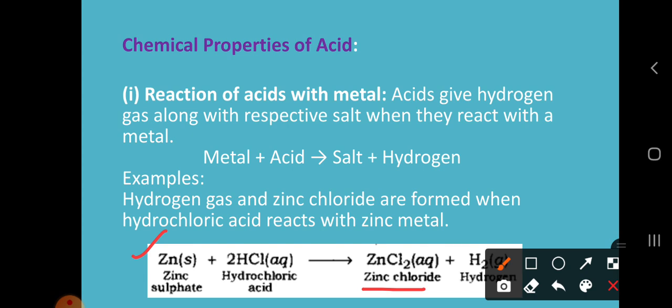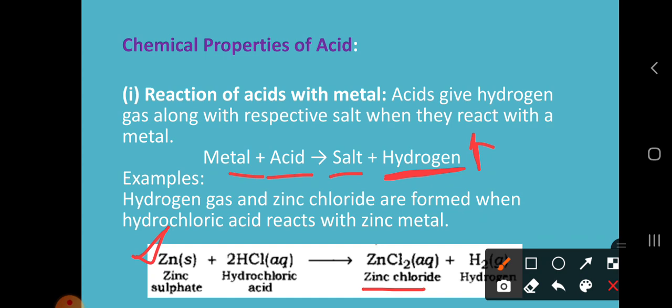So dear students, keep in your mind that Zn is nothing but a metal. When the metal is reacting with acid, any type of acid, it gives a salt with the formation of which gas? Hydrogen gas. Okay, so this is the example of the reaction of acid with metal.